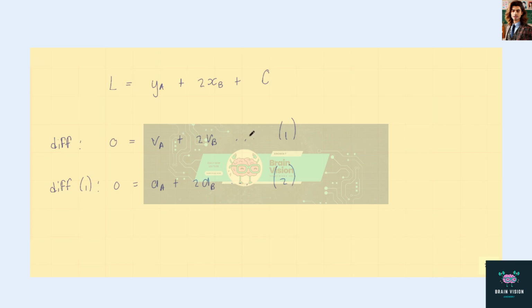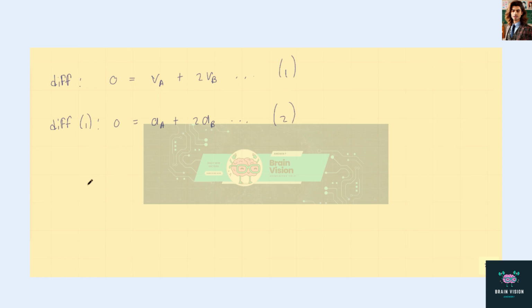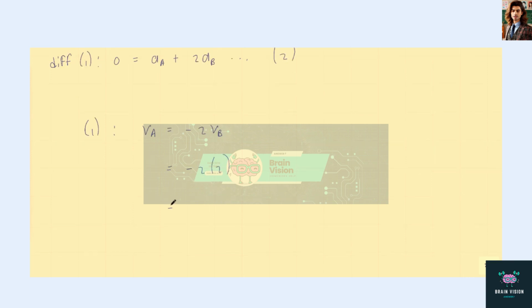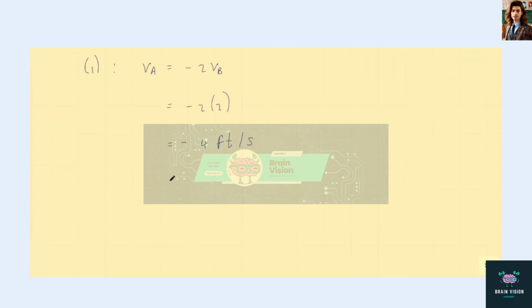Now, if we rearrange equation 1, so from 1, we can see that the velocity of A is equal to minus 2 times the velocity of B. So they move in opposite directions. So VA, we can clearly see, is minus 2 times 2, which is minus 4 feet per second.